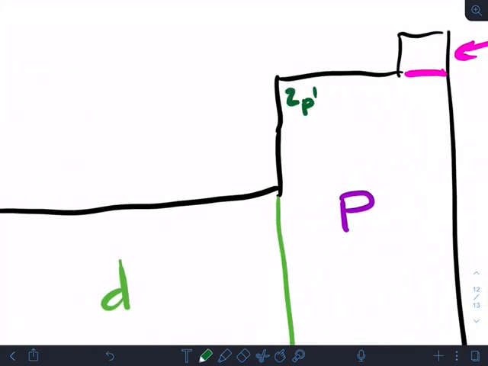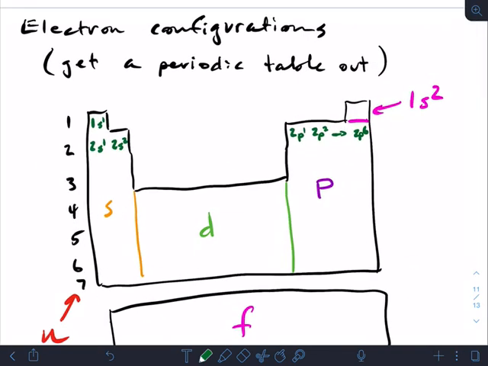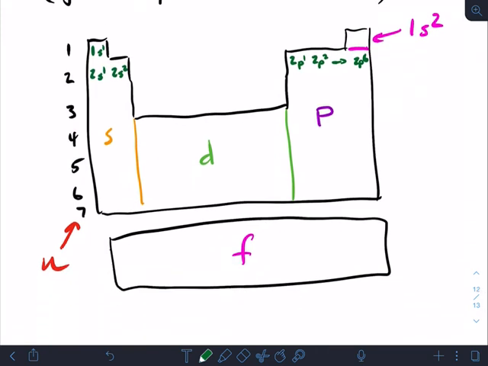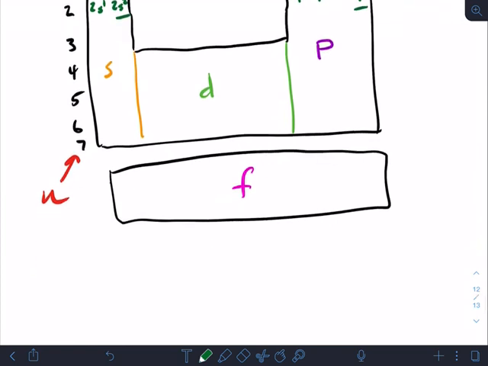And then if I come over here, now I'm in the P's, 2p1, 2p2, all the way over to 2p6, and so on and so forth. As I fill something, like 2s2 or 2p6, when I fill an S block or a D block or a P block, that's when I list it.